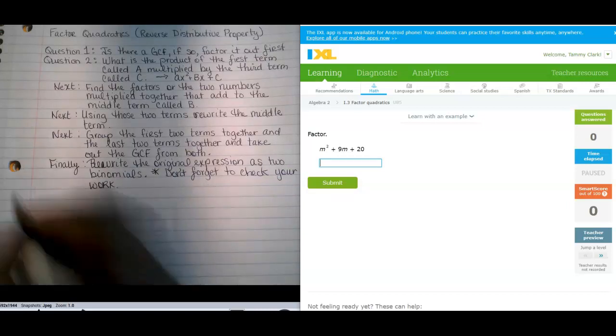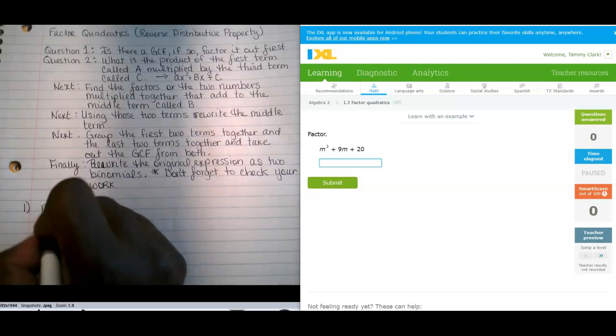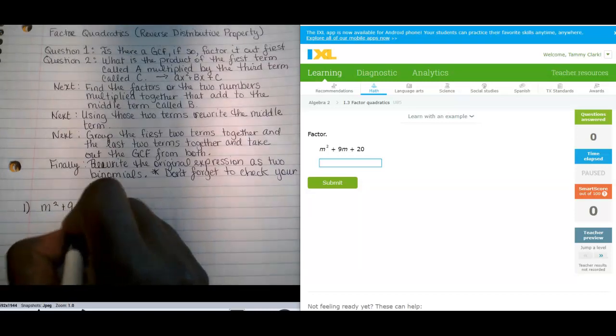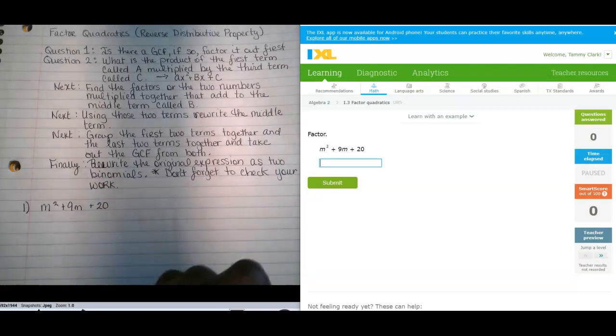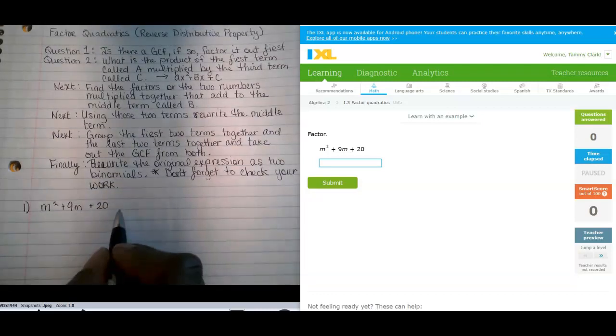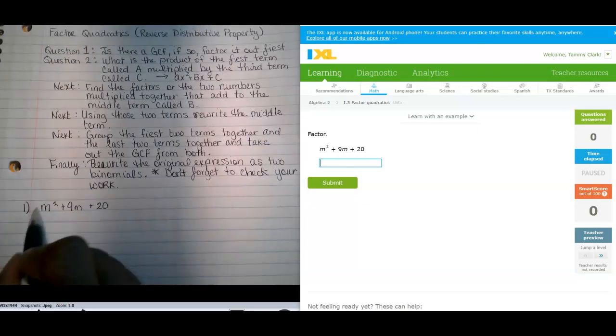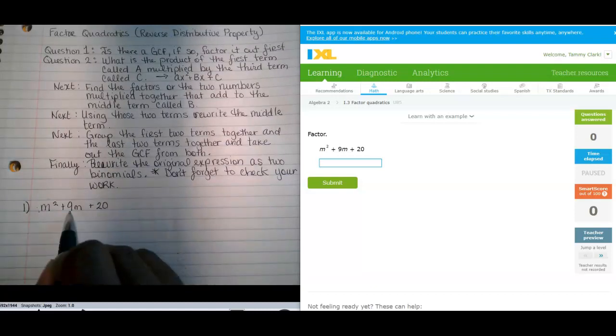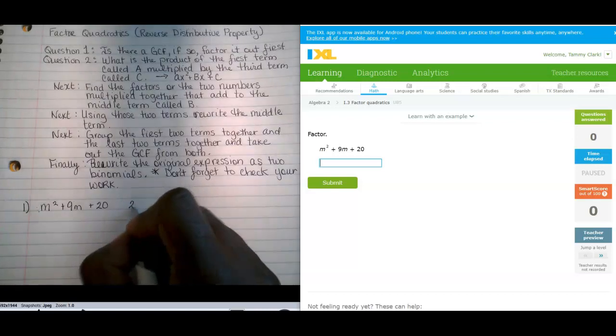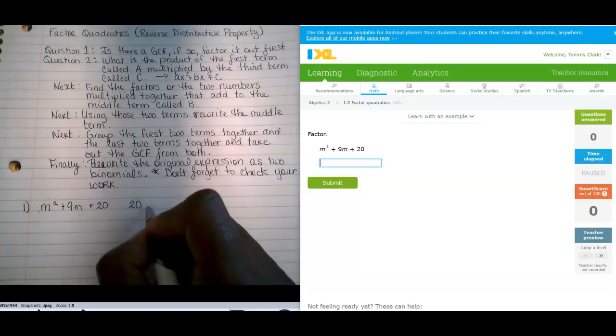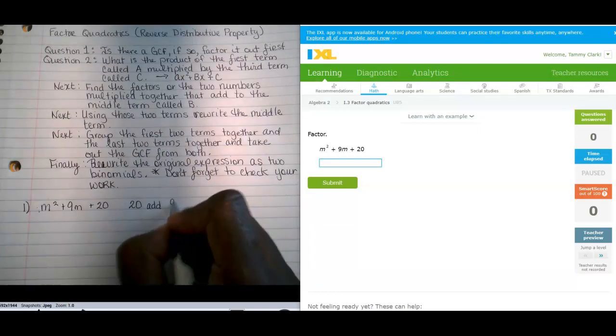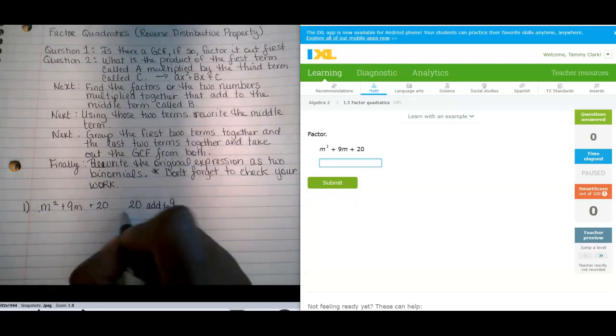So we're going to start out here with number 1, and we've got m squared plus 9m plus 20. Is there a GCF? No. And we know that there's an imaginary 1 in front of this m squared. So I'm thinking to myself, what are the factors of 1 times 20 that add to 9? So think of the factors of 20.